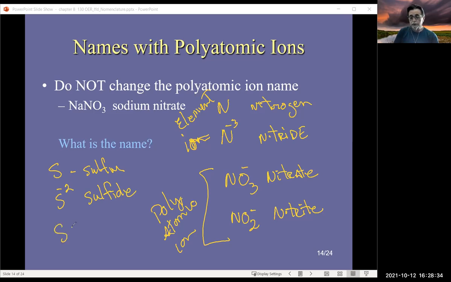Sulfur can also bond with 4 oxygens and form the polyatomic ion. And guess what? It is the sulfate. And if it's one less oxygen than the sulfate, then that is the sulfite. You see the little trend here you can see with all of them? Okay. All right.